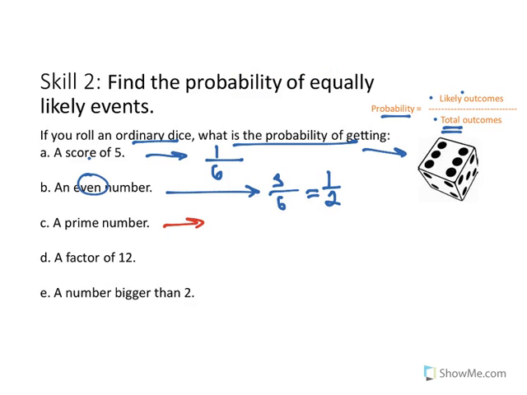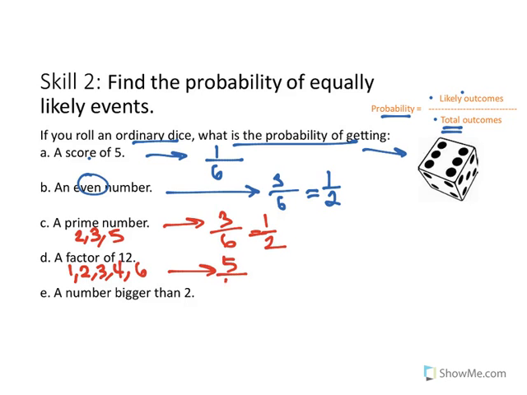A prime number, remember, is a number divisible only by 1 and itself. So on the dice, we have 2, 3, and 5. So it's a 3 in 6 chance, which is also 1/2. A factor of 12, meaning numbers that multiply to make 12. So it's 1, 2, 3, 4, not 5, but 6.